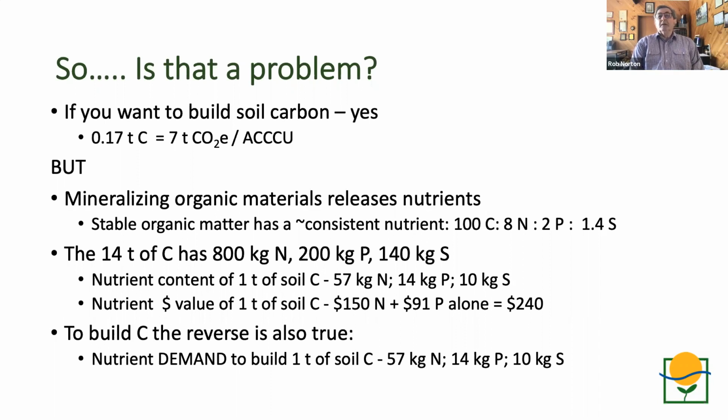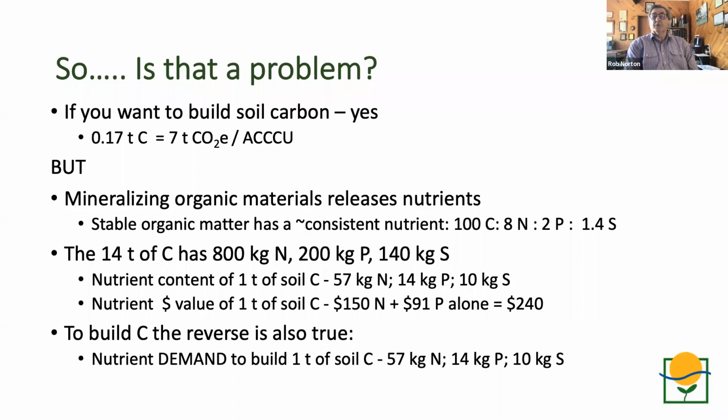That's a pretty consistent number. So if you have 14 tonne of carbon in the soil, which was our 1.1%, that has 800 kilos of nitrogen, 200 kilos of phosphorus, and 140 kilos of sulfur. So the nutrient content of 1 tonne of soil carbon is 57 kilos of nitrogen, 14 kilos of phosphorus, 10 kilos of sulfur.